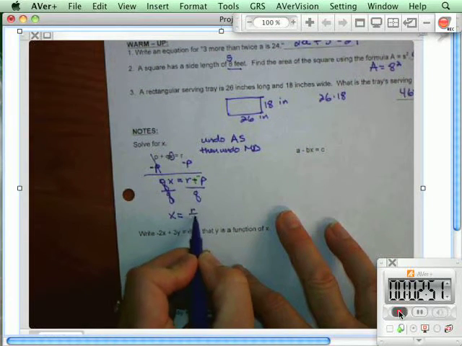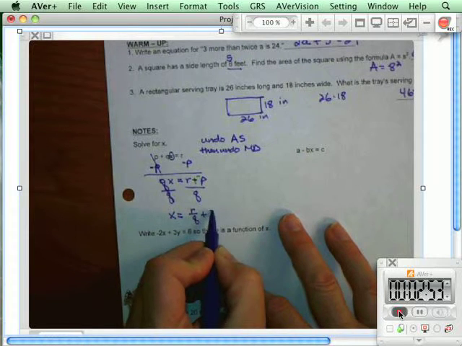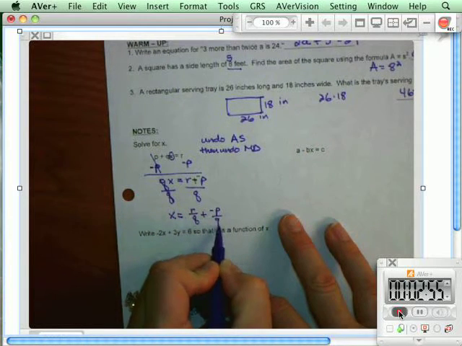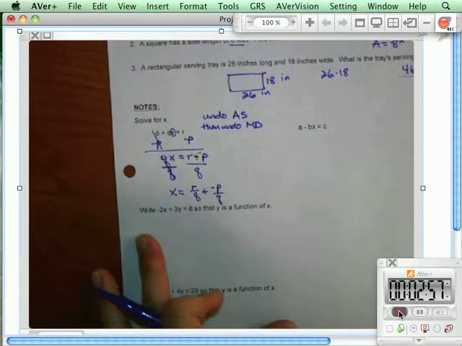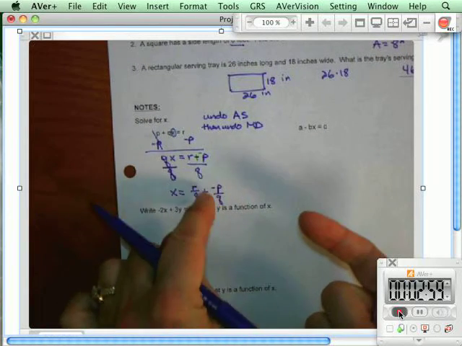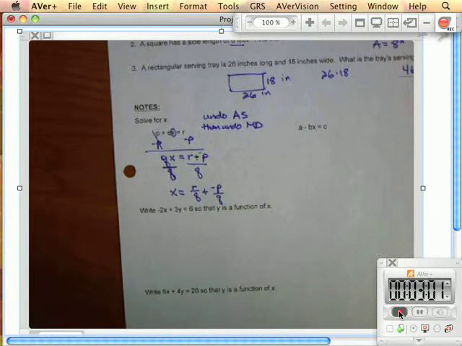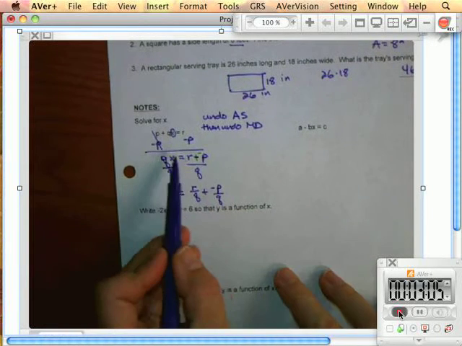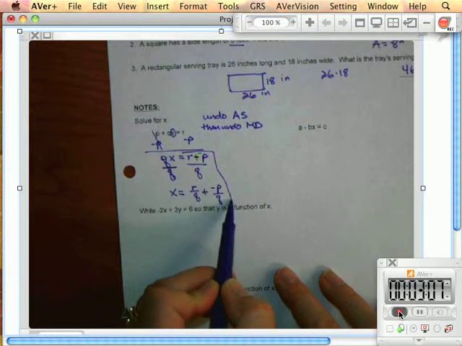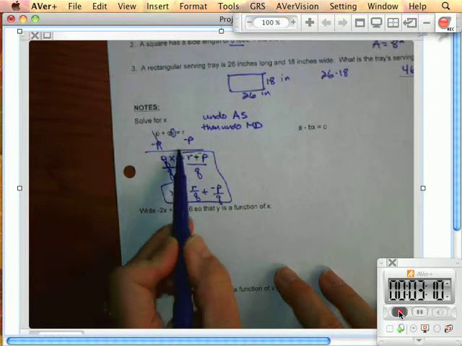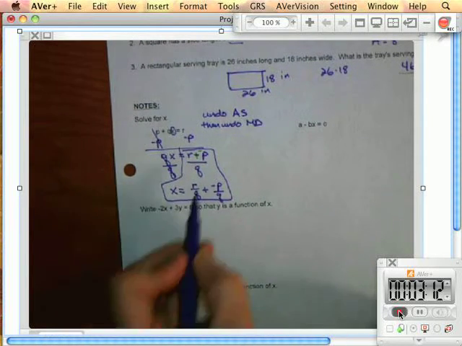So I could write it like this. For this one, I would accept either answer, but ultimately you're going to have to split it up. So stay with me. We'll do a couple more of these. So I would accept either this or that. It doesn't matter either way.